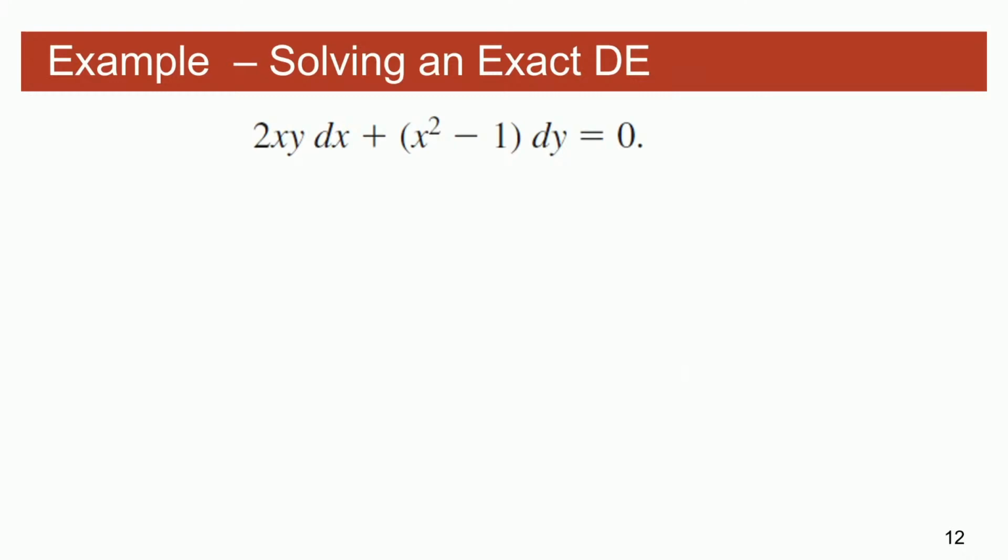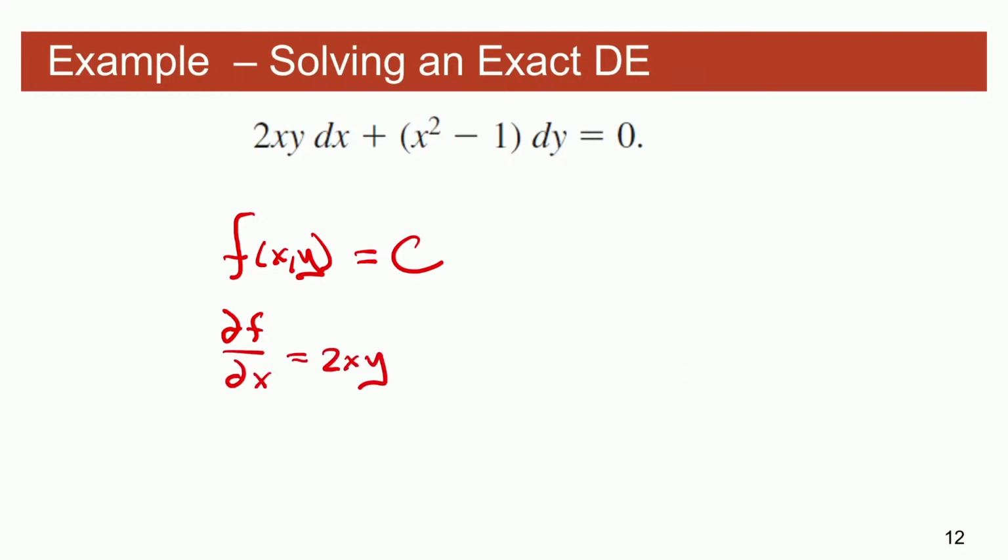I'll tell you right now, this is an exact differential equation. So my goal is to find a function of x and y which equals a constant, where the derivative of the function with respect to x should equal 2xy, which is that one up there.